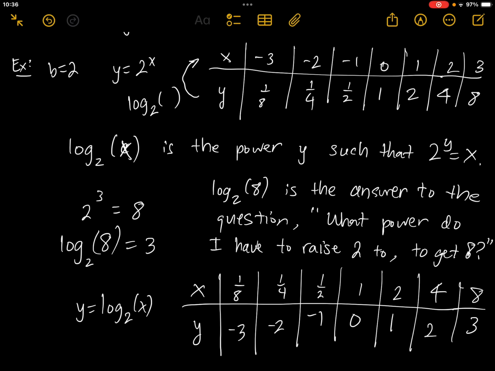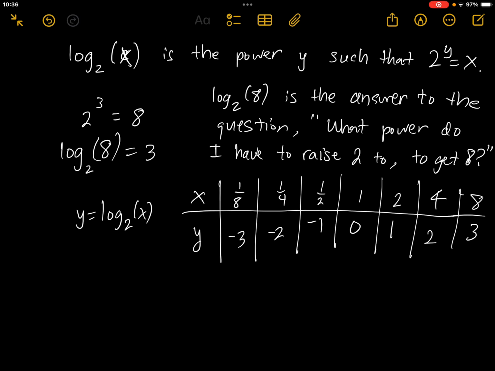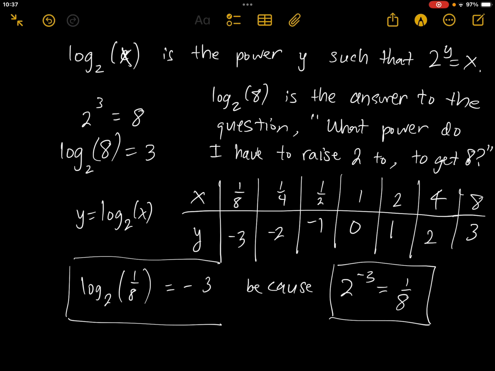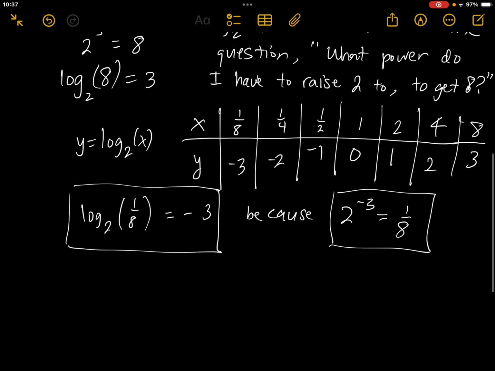All I did was switch the x and the y values. So log sub 2 of 1/8 is -3 because 2 to the -3 power is 1/8. Saying 2 to the -3 power is 1/8 is the same as saying that log sub 2 of 1/8 is -3.